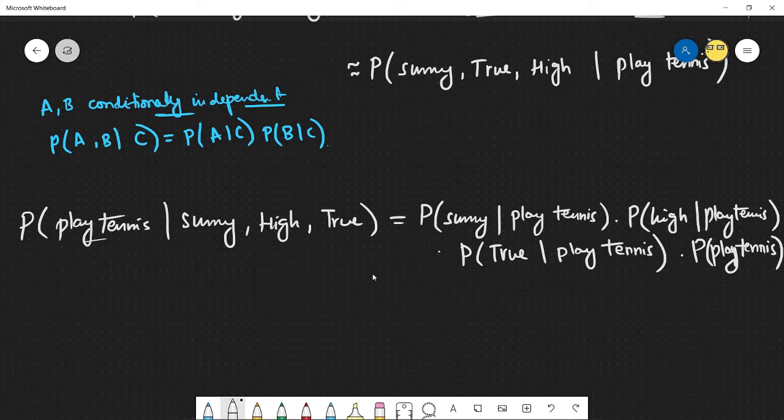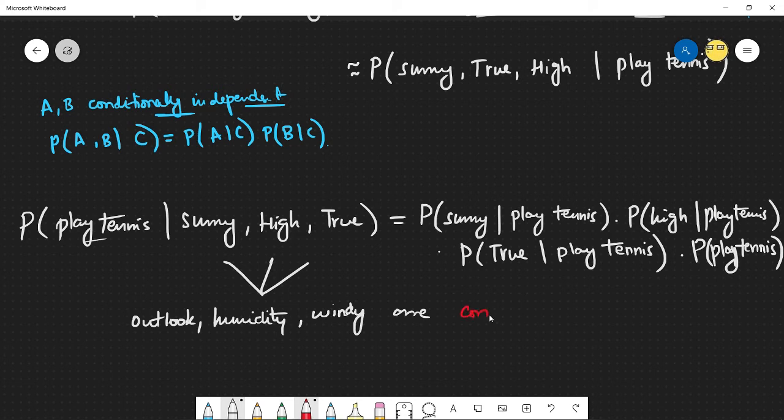And this is only possible when I'm assuming that my outlook, my humidity, and my windy are in fact conditionally independent. And that's a naive approach to go with, because it might be really possible that the outlook really depends on how humid it is outside, or that windy really depends on what the outlook is.